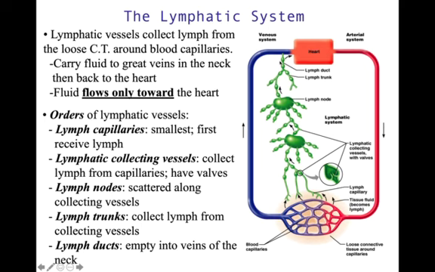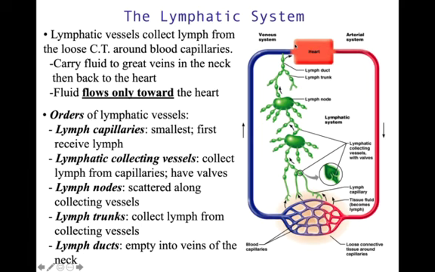Now, your lymphatic system doesn't go in a circuit. It essentially goes in a single direction. It goes from sites of blood capillaries and returns that lymph back to your subclavian veins in your neck. So it only flows towards the heart. It doesn't go away from the heart like the arteries. It only goes towards the heart.